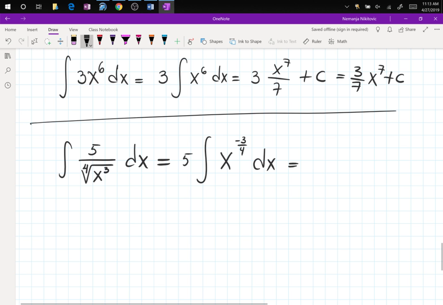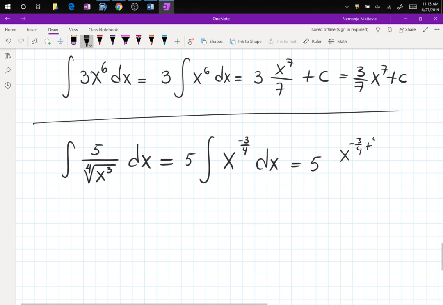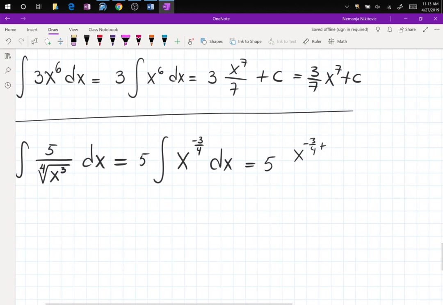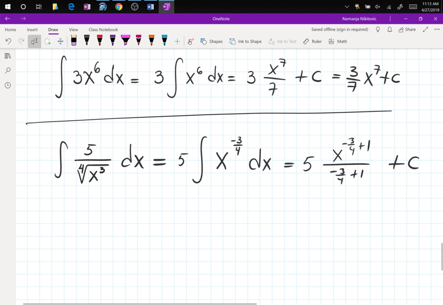So we'll start with 5. We have x to the negative 3/4 plus 1, which is 4 over 4, divided by negative 3/4 plus 1. And then plus c. Do not forget plus c. Otherwise you trigger my allergies.